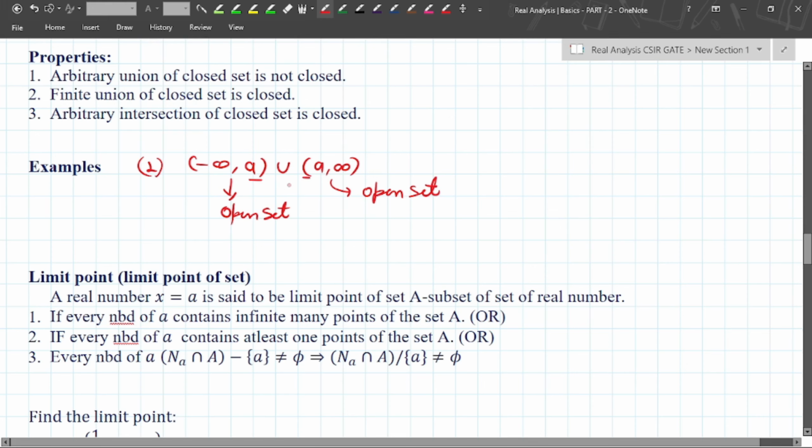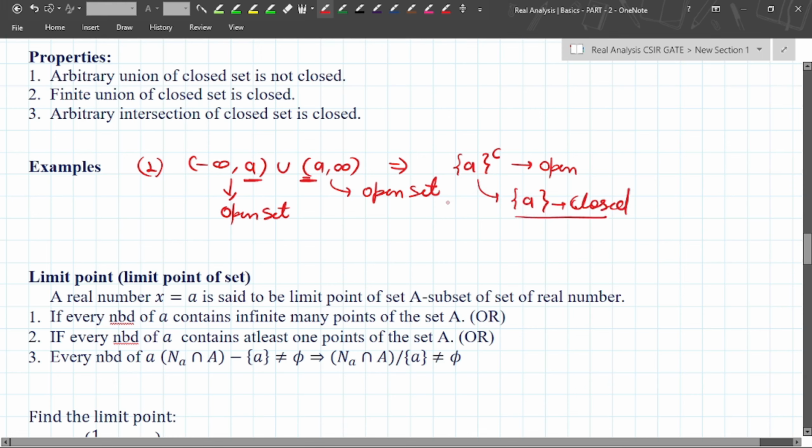If I take the union of both of these, then what will happen? It is a complement. It means a will not be there. It means a complement, and a complement is open. So if I take the union, this will be a complement, because a is not contained in either. And a complement is open, so what about a? It is closed here. So a singleton set is closed.